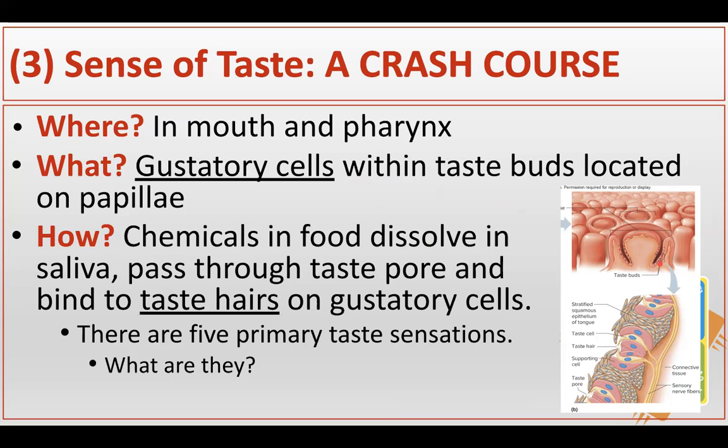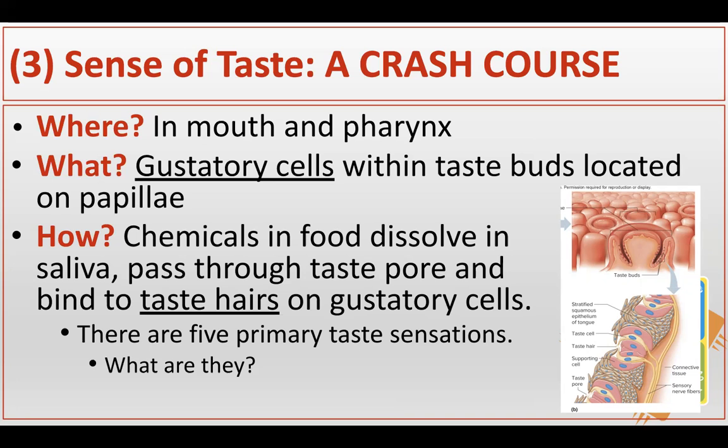So your chemicals in the food have to dissolve in your saliva in order for the gustatory cells to detect them in the first place. And depending on what those chemicals are, they will activate different gustatory cells. Okay, there are 5 different primary taste sensations. So can you think of all 5 of them?